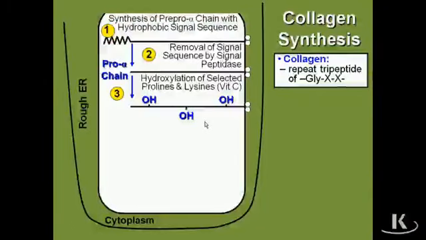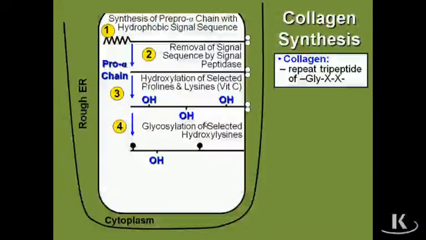It requires vitamin C. Remember that, it requires vitamin C. The next step after hydroxylation is glycosylation. So actually the reason that the collagen had to get hydroxylated was so that later it could get sugars attached to some of those hydroxyl groups. Some of the hydroxyl groups get sugars attached, some are just left as hydroxyl groups.